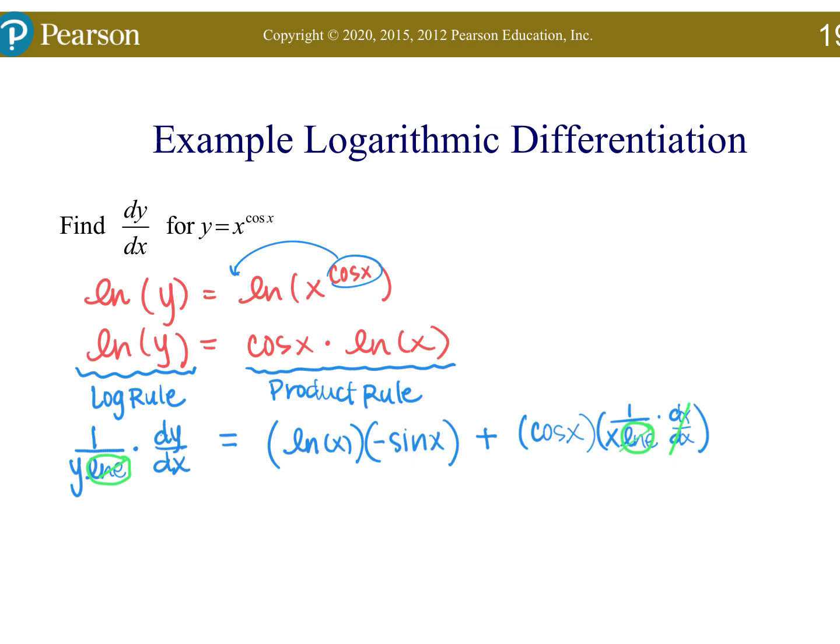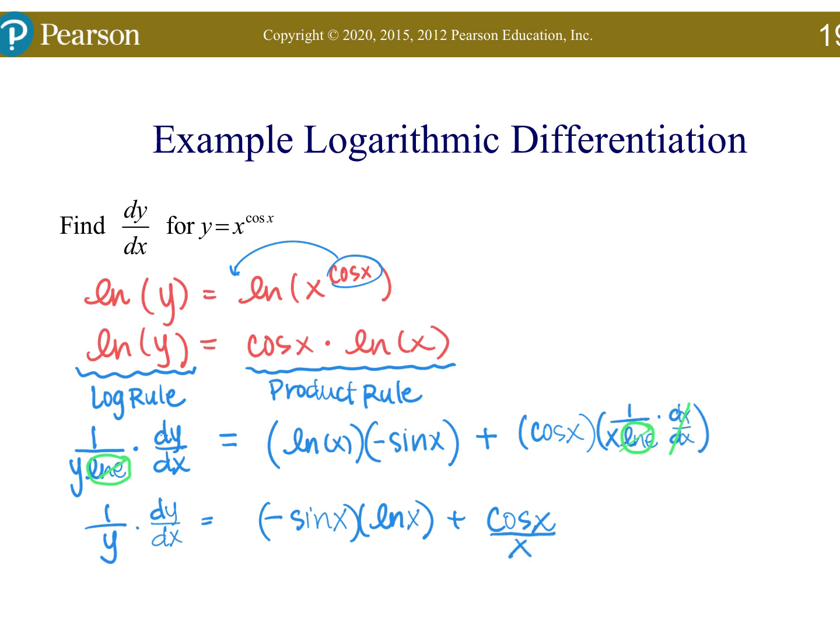So I'll be left with 1 over y times dy/dx equals negative sine x times the natural log of x plus the cosine of x, all over the denominator x. Okay, that's what I've got so far. Sorry, yes, over the denominator x. Thank you. I forgot my denominator.